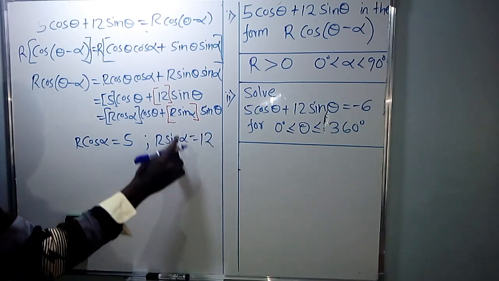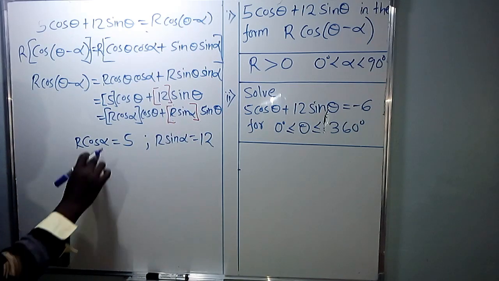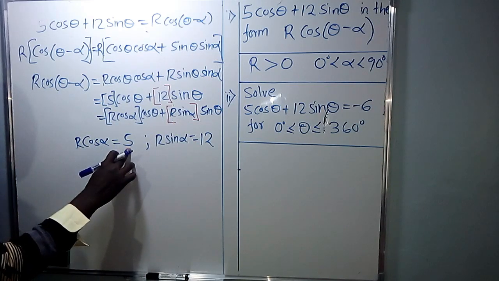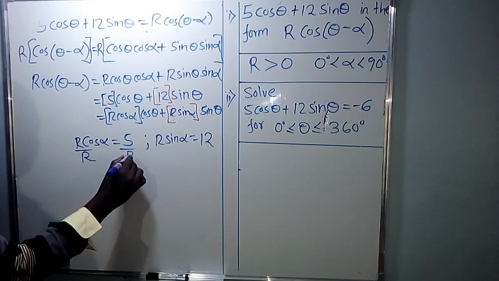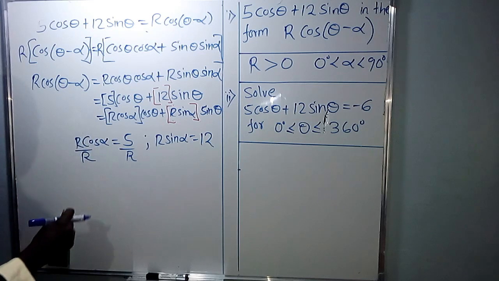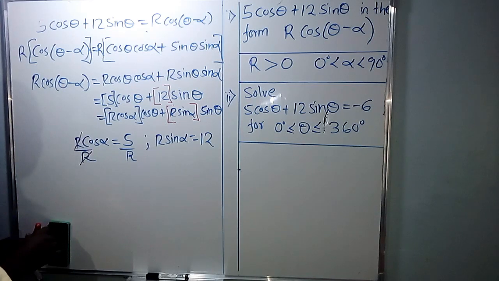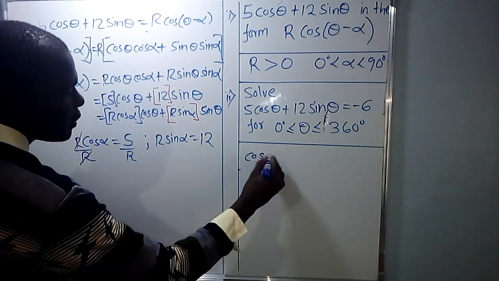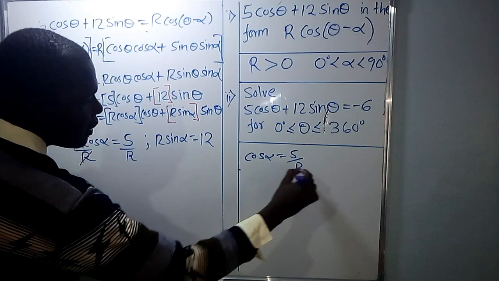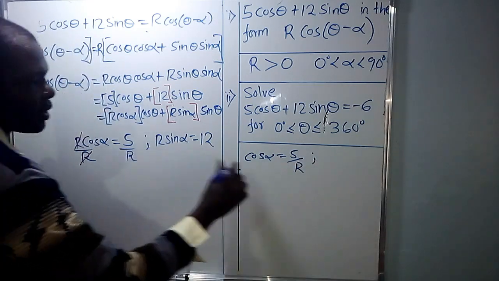So from these two equations, we can now make cos alpha the subject of the formula. We divide both sides of the equation by r, and you will get cos alpha is 5 over r and sin alpha is 12 over r.